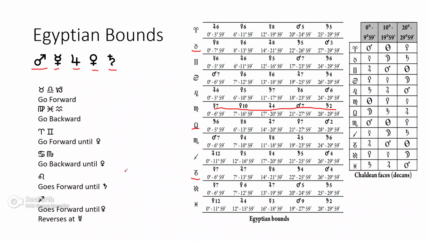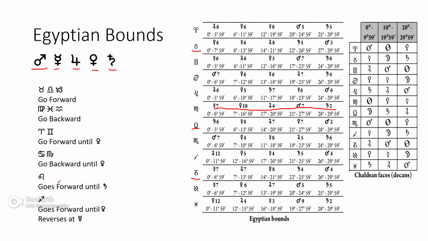So one of the odd things, in fact, in the Egyptian bounds is Mercury and Cancer and Scorpio are the only time where you get the repetition of the same planet and bound.